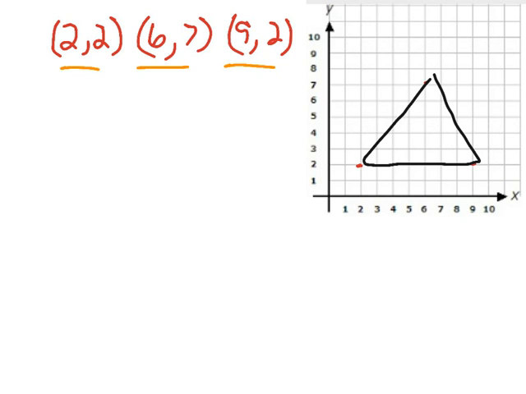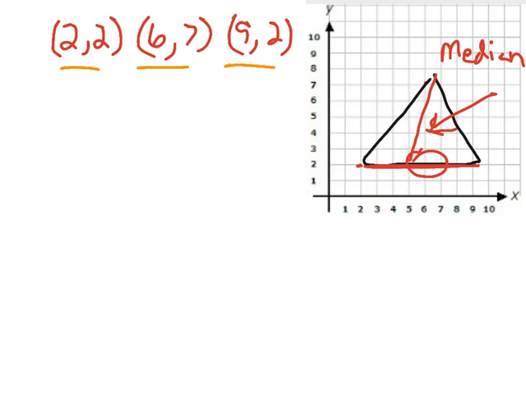The median in a triangle is a special segment that leaves the vertex and intersects the opposite side at the midpoint. So that right there would be a median. And we're wondering, where would the median intersect this side? The answer would be the midpoint of that side.